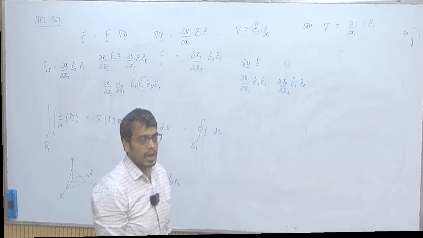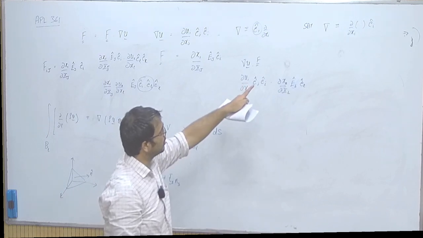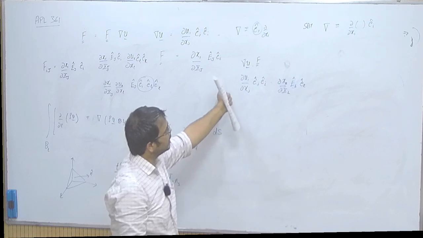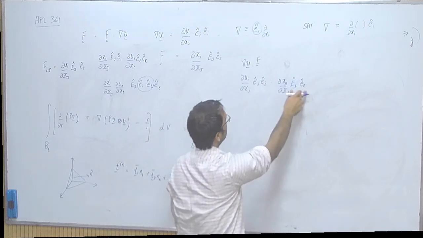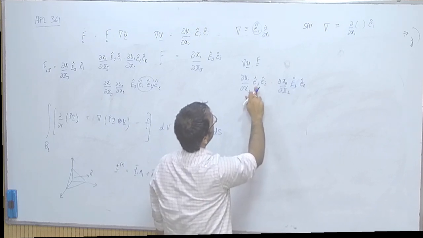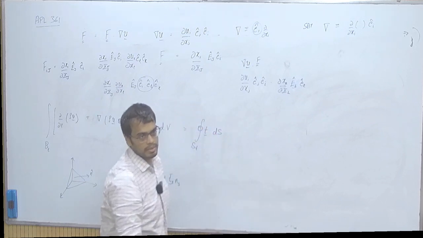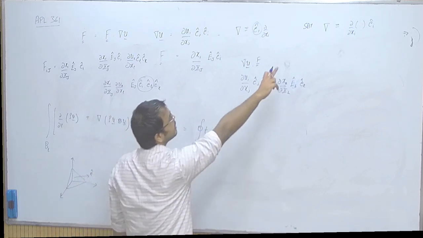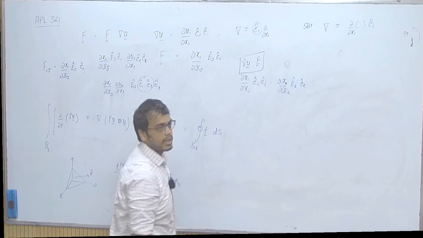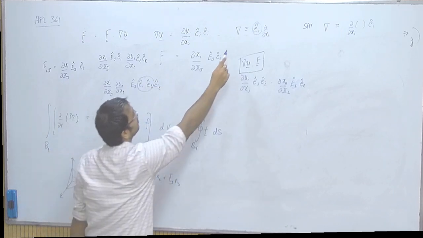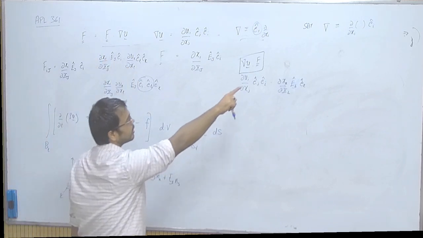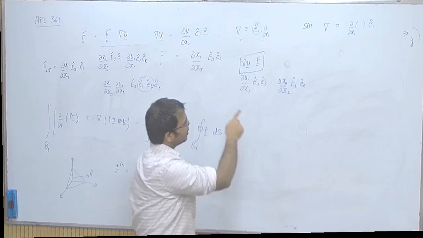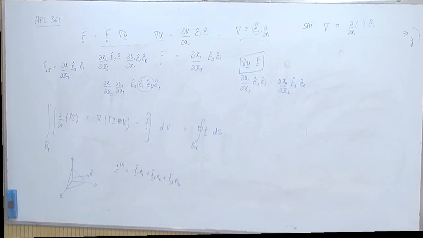Had I defined my Nabla operator like this, then everything will make sense, because then this E hat l will also come later on. This will be E hat i dot E hat j, and you will get the same result. With that definition of Nabla, this is correct. With this definition of Nabla, this is correct. Just work out what you get when you use this definition of Nabla. You will see what I am trying to say.